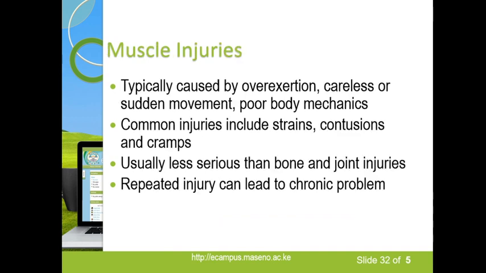Now, muscles and tendons can at times be strained, and just like we said, a strain may occur if a muscle is overstretched, and that may make the muscles partially torn.